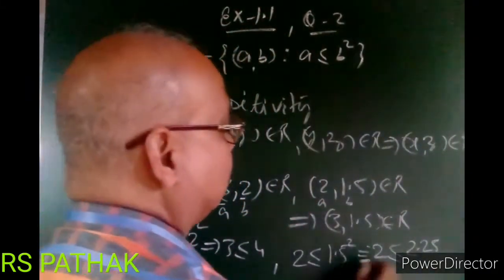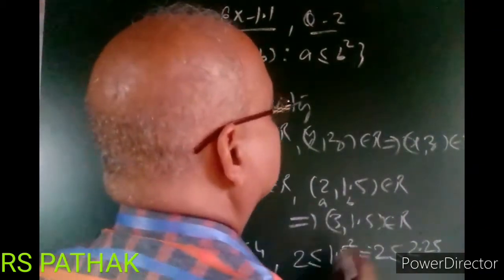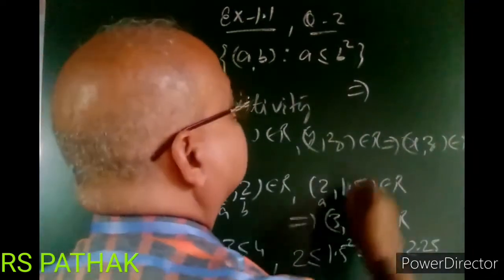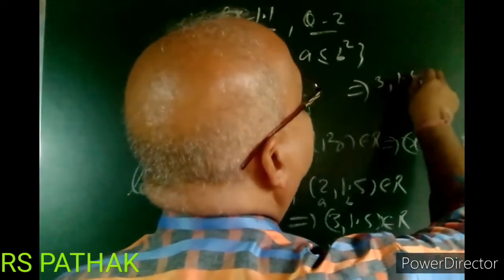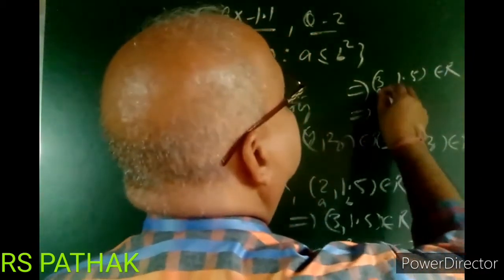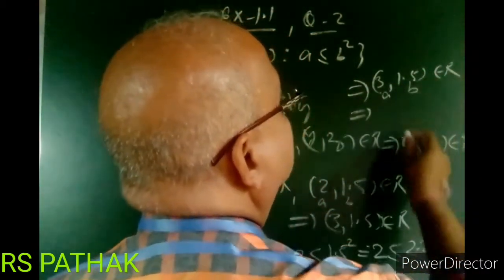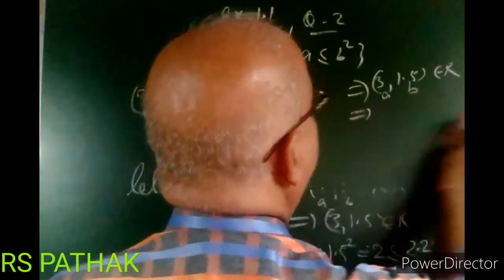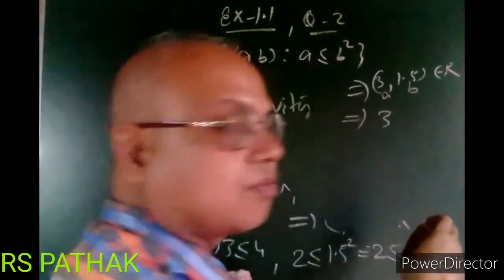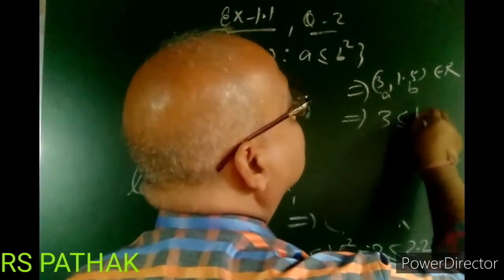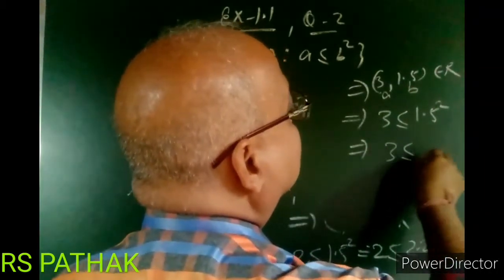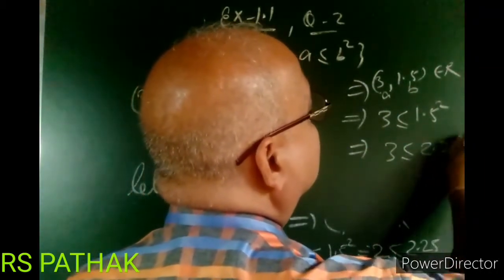Now, I will prove this: (3, 1.5). This (3, 1.5) belongs to R. 3 is A and this is B. Therefore, I will prove it. 3 less than or equal to 1.5 square equals 3 less than or equal to 2.25.